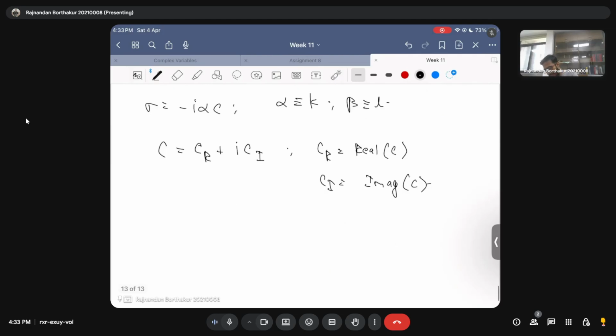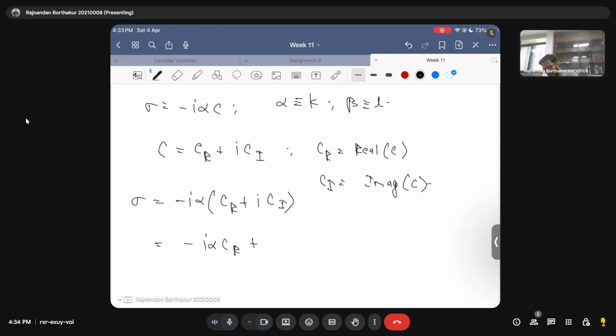Then I can write sigma as minus i alpha times cr plus i times ci, which means this is minus i alpha cr plus alpha ci, because minus i squared is just 1.